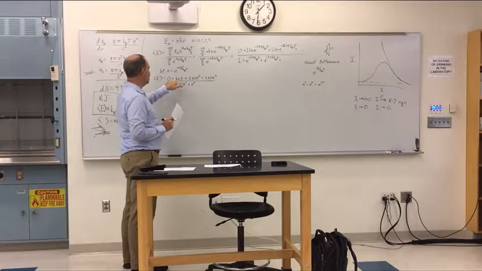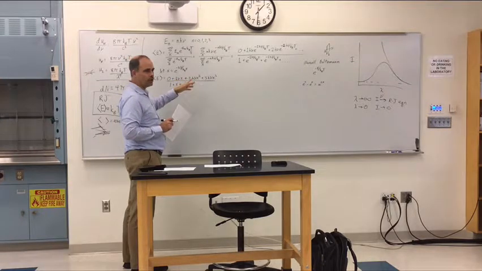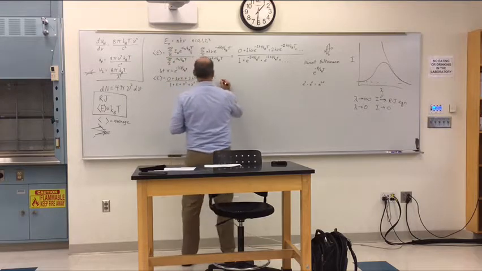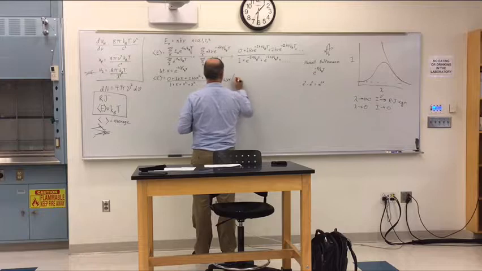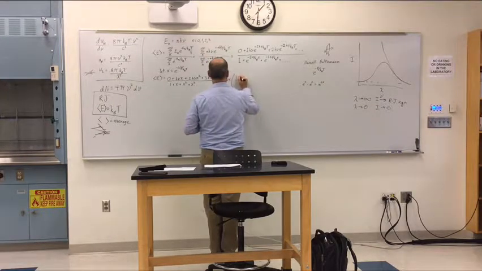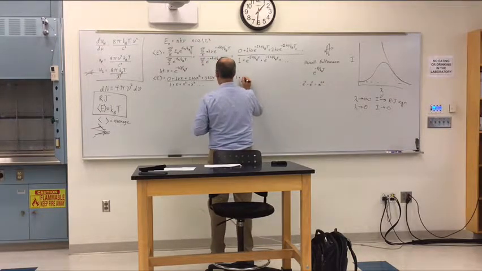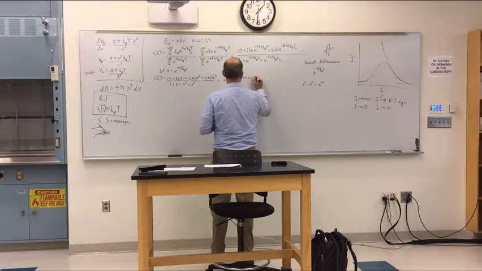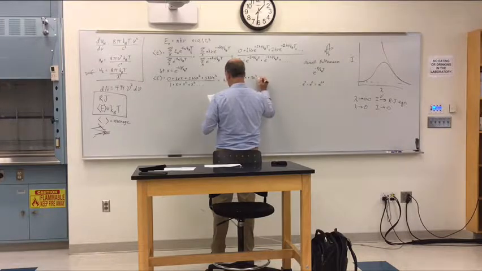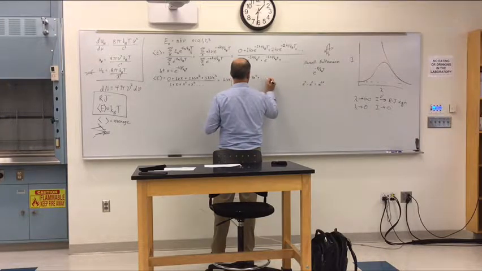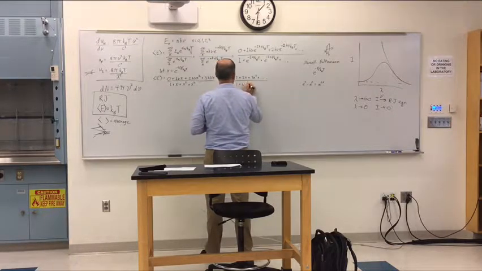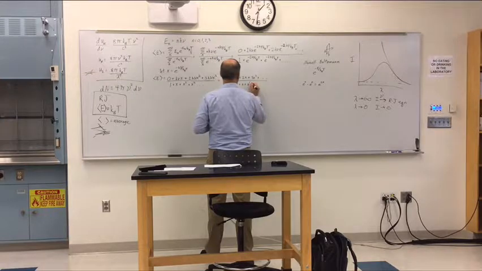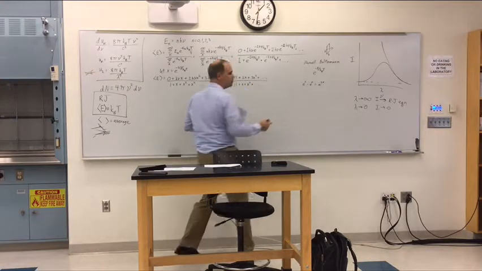We have this repeating pattern of h nu x that we can pull out. So we can rewrite this as h nu x times 1 plus 2x plus 3x squared plus dot dot dot, and on the bottom we have 1 plus x plus x squared plus dot dot dot.